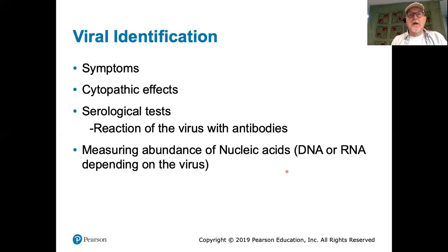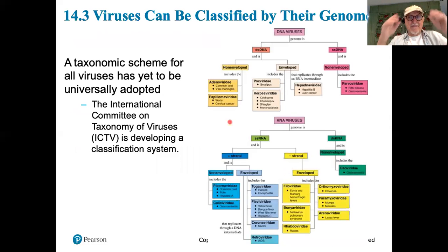Okay, so viral identification is extremely complicated, and there's lots and lots of scientific fighting about how exactly we should identify and classify viruses. None of our classical identification schemes apply to viruses because they are not living things.